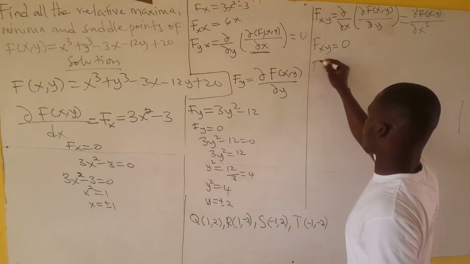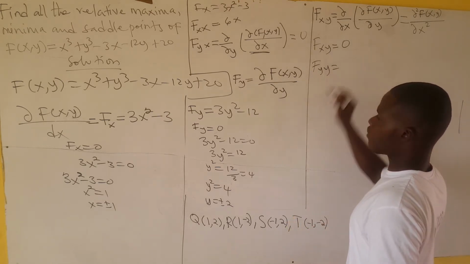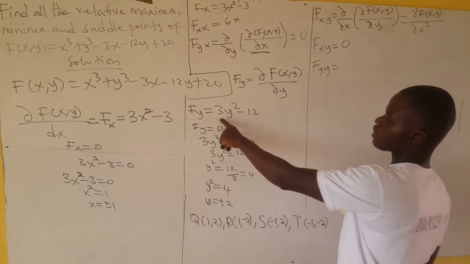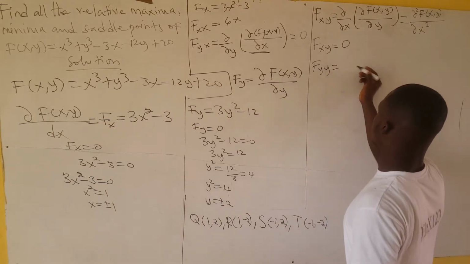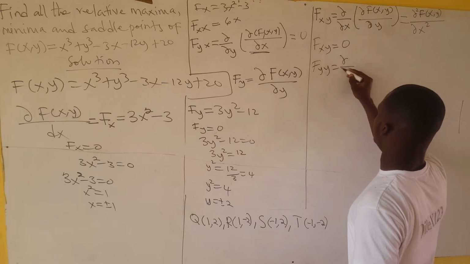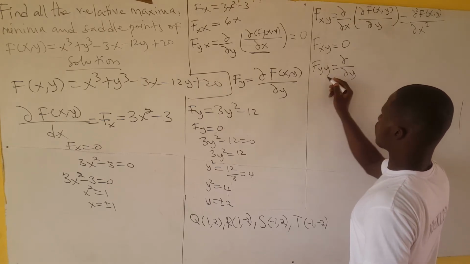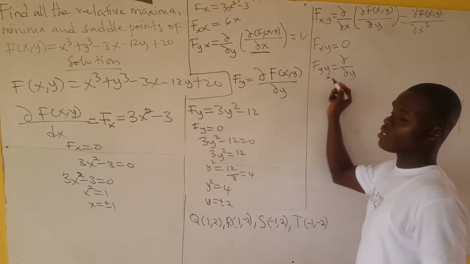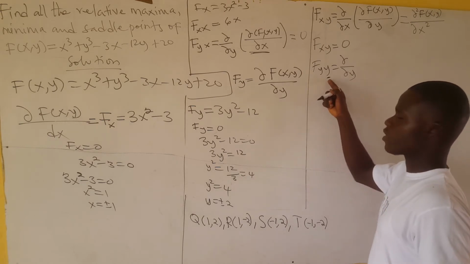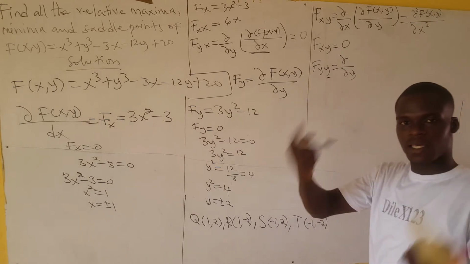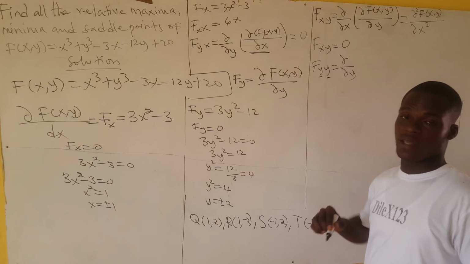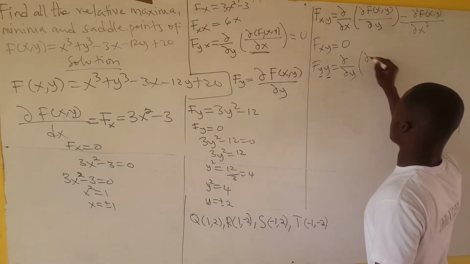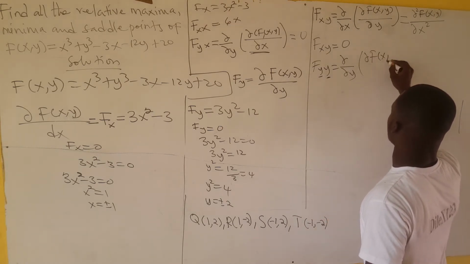Then let's find our fyy. So fyy means that we are differentiating this function with respect to y. Fyy can also be written as f. So we are differentiating a certain function which has already been differentiated in terms of y. We are now differentiating that function again with respect to this y. Okay, so this can be written like this, fxy.